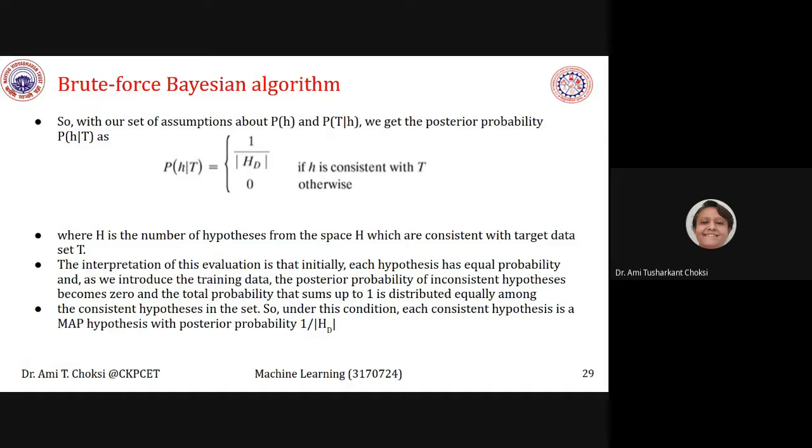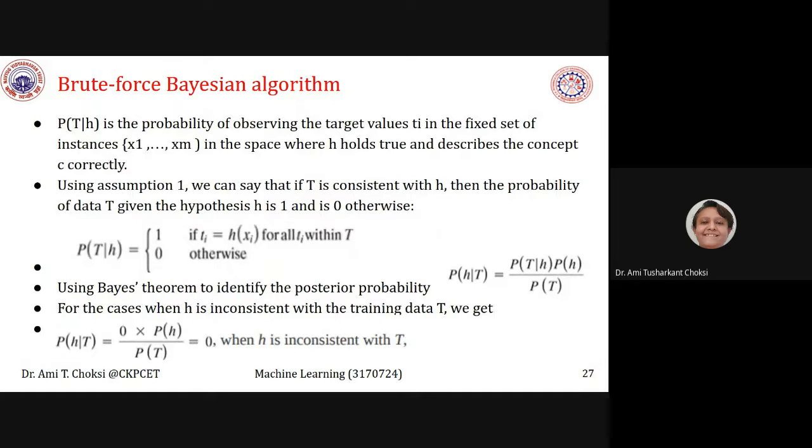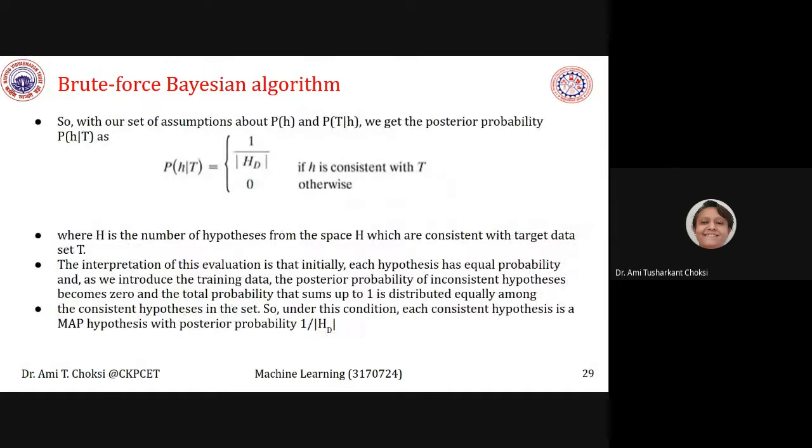Fine, we have just seen that. We have calculated that also, right? Where |HD| is the number of hypotheses from the space H which are consistent with the target set T, isn't it?